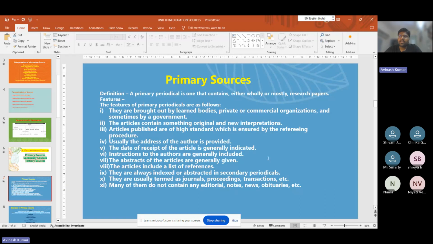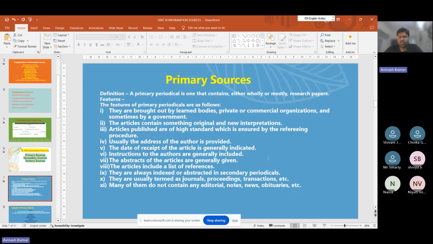How do you categorize? First you should understand whether the document is published as a first-hand resource or a second-hand resource. If that document falls under primary sources, it means the document is published first hand.